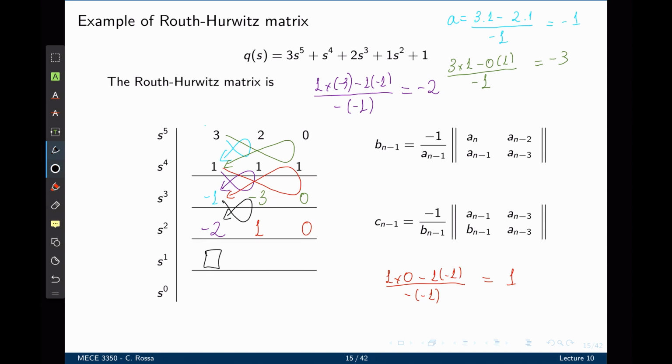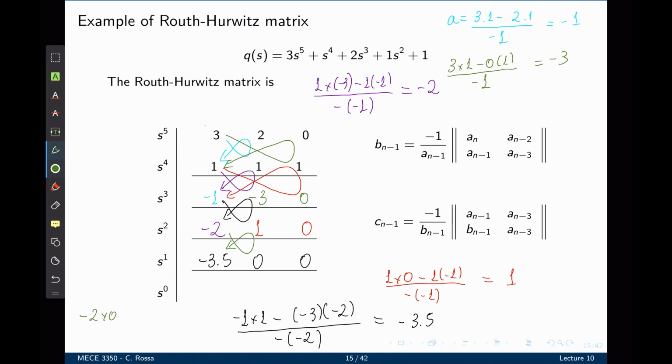Here we have the pattern, -1 times 1 minus 3 times -2 minus -3 times -2 divided by -2. Very careful with the signs. And this is equal to -3.5. The second cell will be 0, the next one will also be 0. And the last one here, we have -2 times 0 minus 1 times -3.5 divided by -3.5. This is equal to 1.